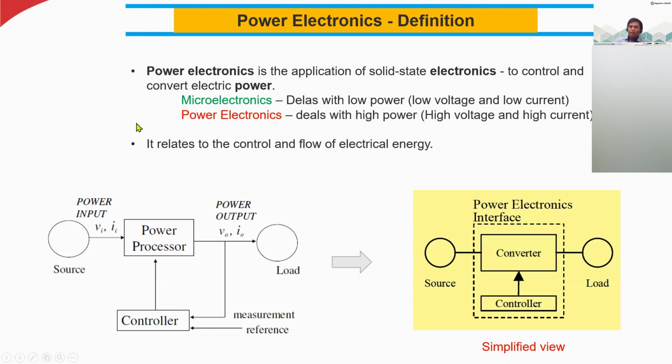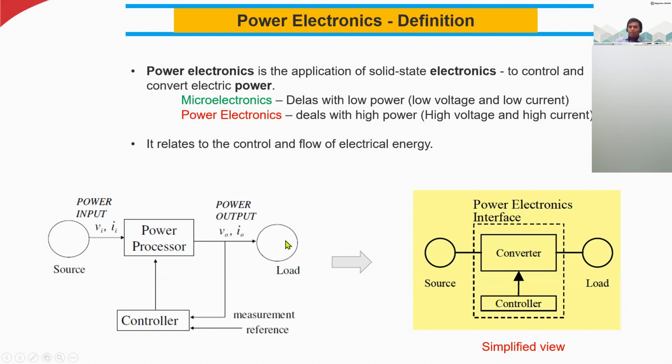So we are using these power electronic devices or power electronic circuits. So it relates to the control and flow of electrical energy. For example, here we have the source and here we have the load. In between, we need some kind of power processor that can receive this power, process it, and give the correct voltage and current required by the load. This load can be any kind of load.